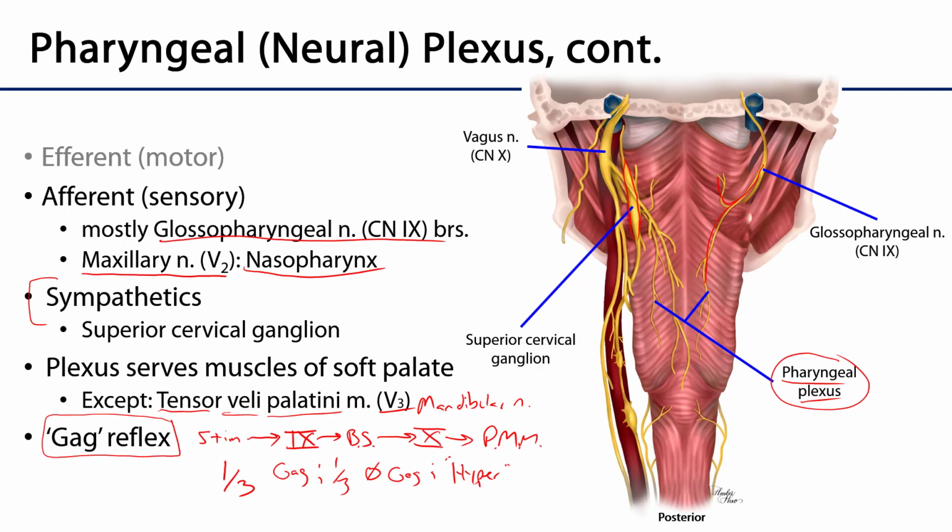A hyper gag reflex would bring into bear additional musculature that may lead to an emetic or a throwing up event. So probably, I guess, best to not be in that hyper group, either to have or to have not, but to not have an exceptionally robust gag reflex.